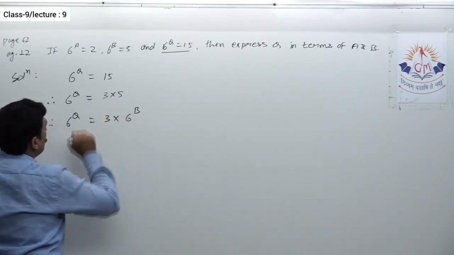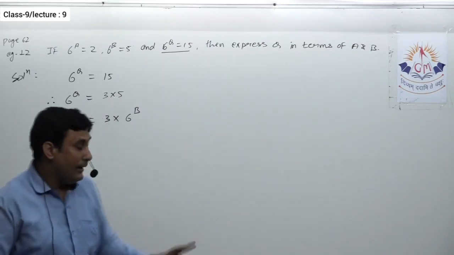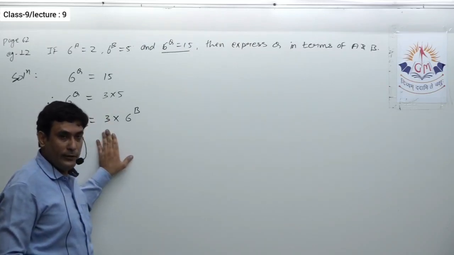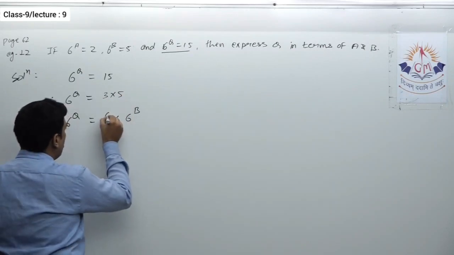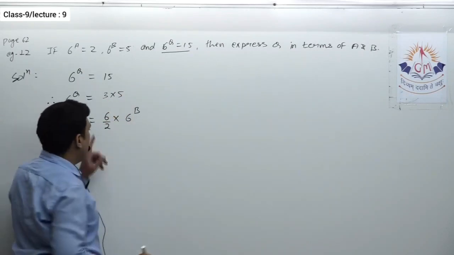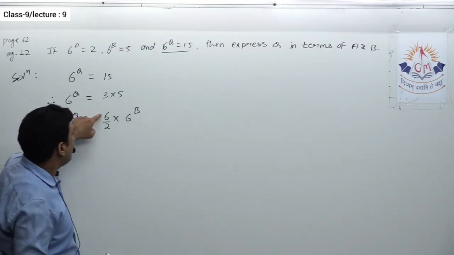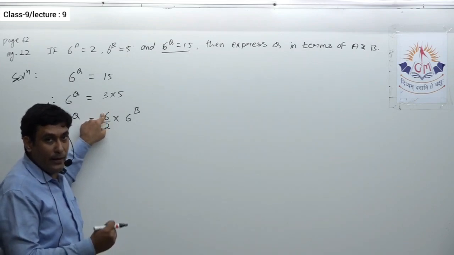Now what about this 3? We haven't any expression in terms of 6 raised to something for 3. So here instead of 3 I can write 6 upon 2. Okay, 3 can be written as 6 upon 2. Why did I write 6 upon 2? Because ultimately I need base as 6.